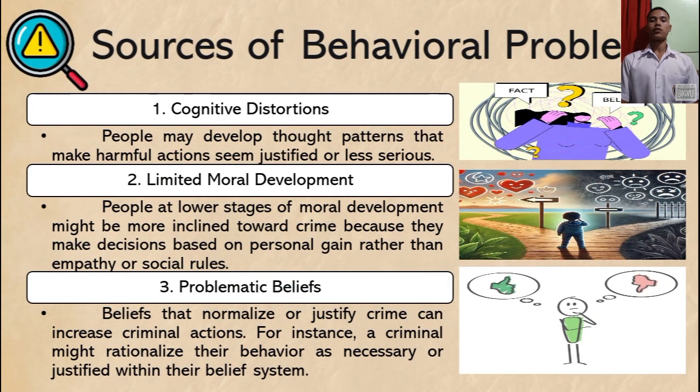Sources of behavioral problems. Number one is cognitive distortions. People may develop thought patterns that make harmful action seem justified or less serious. An example of cognitive distortion in this case could be someone who steals from a store and convinces themselves that it's not a big deal.